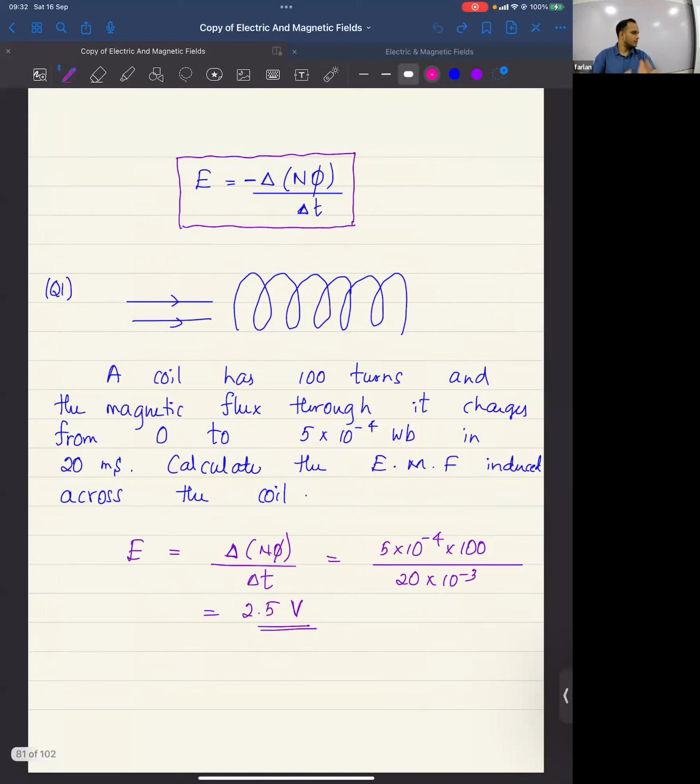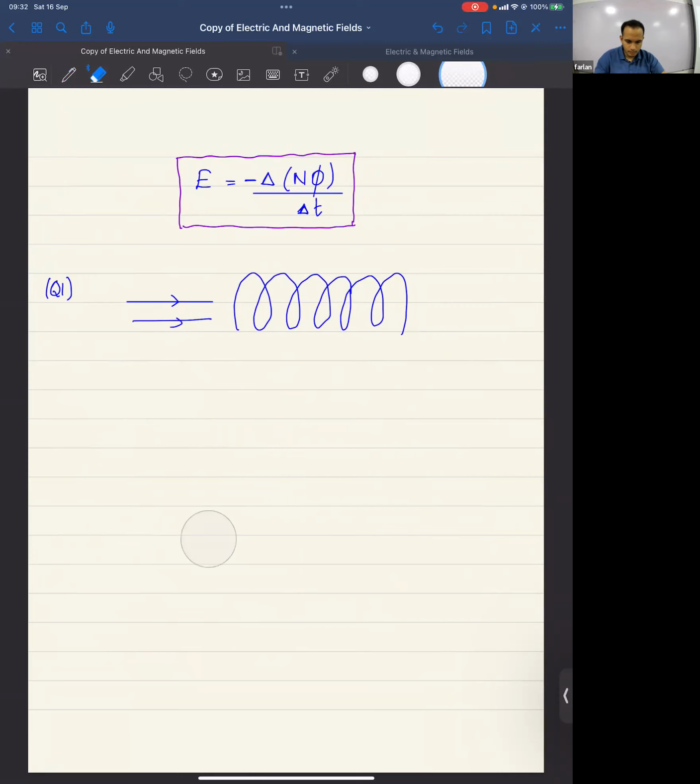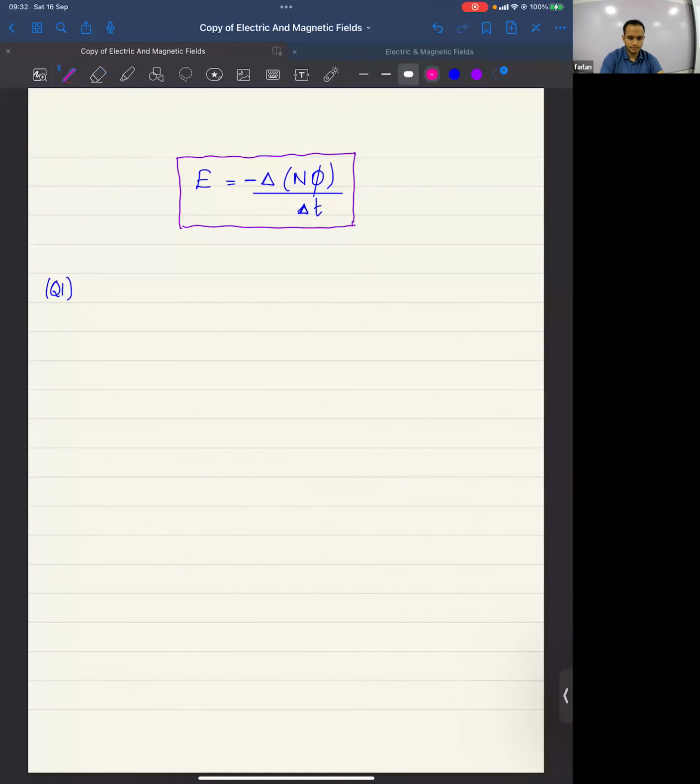Right, guys, write down this equation. E equals minus delta N phi over delta t. I'll explain. What is E? The EMF induced. Delta means what?